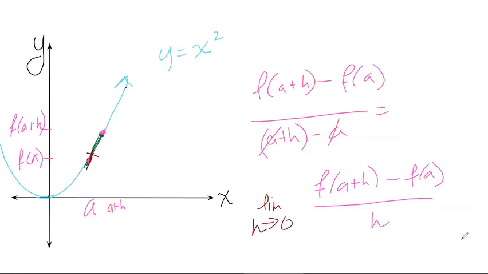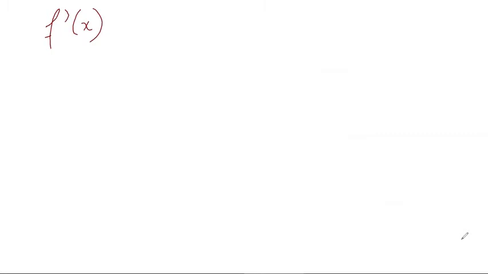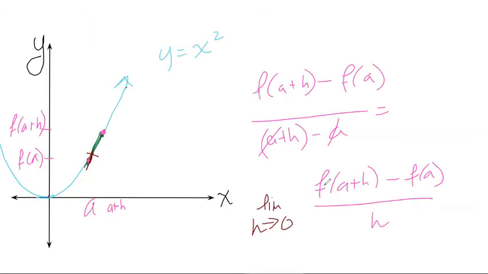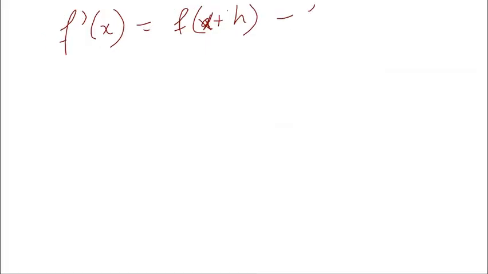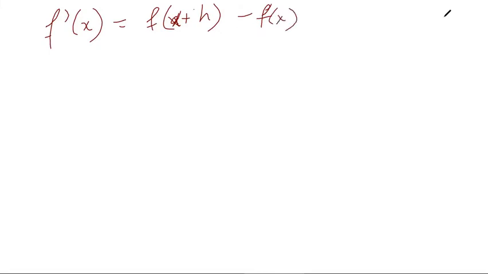So we kind of just proved that the slope of a function, f prime of x, is equal to the limit as h approaches 0 of f of x plus h minus f of x, divided by h.